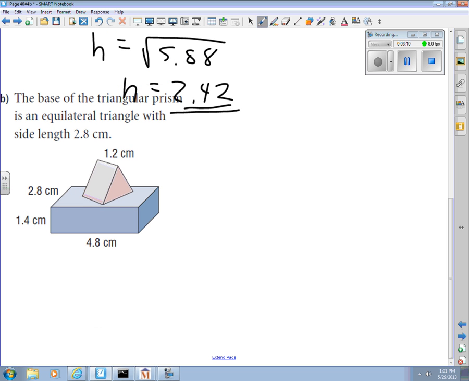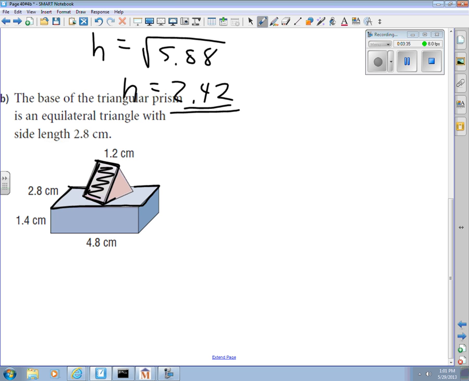Well, this rectangle here has to be calculated as if it has a hole in it, but the rectangle that makes this hole is actually exactly the same as this rectangle here, because it's an equilateral triangle.